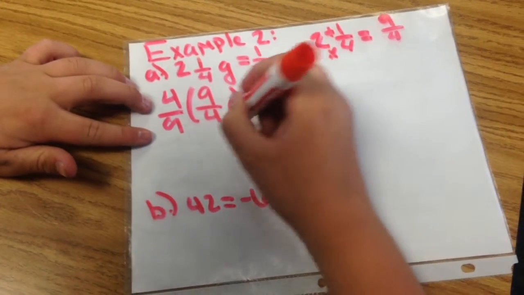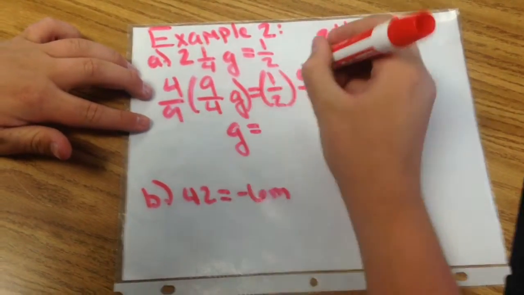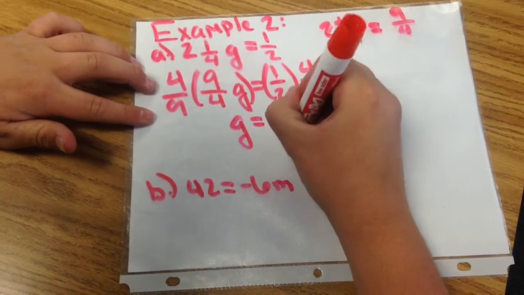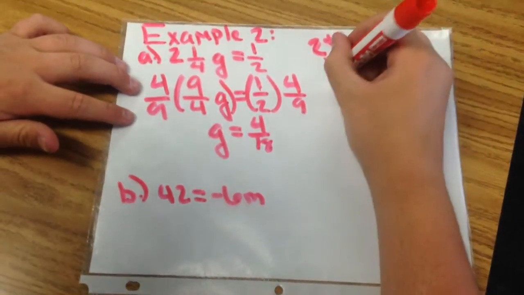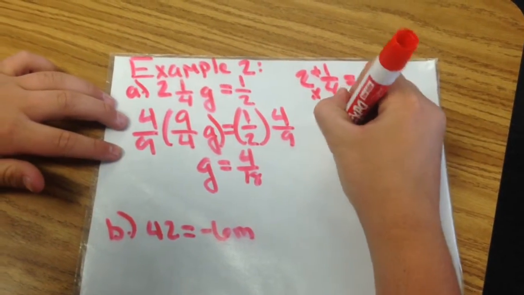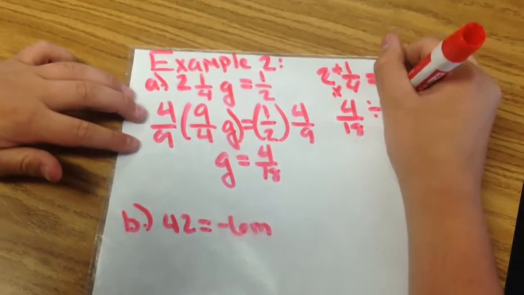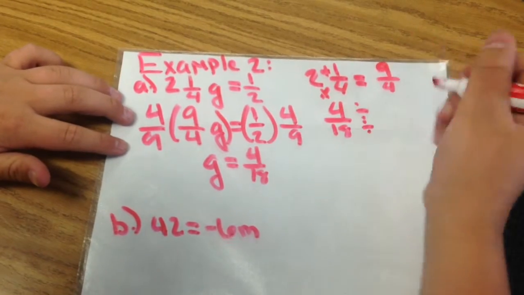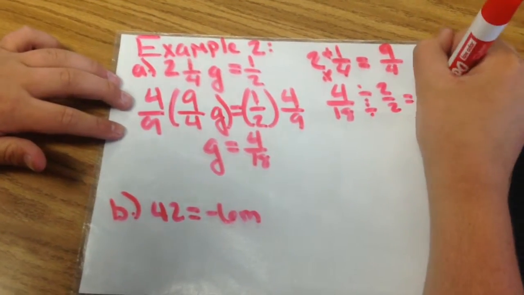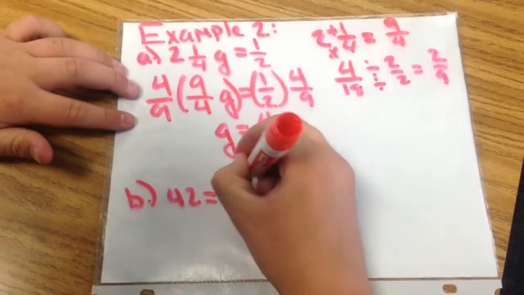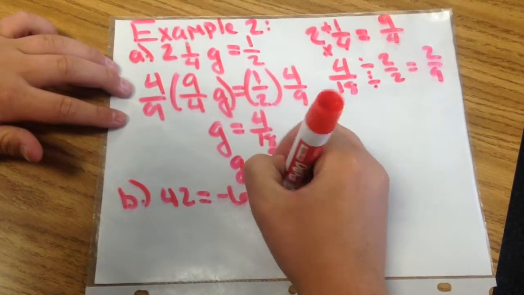So now you have g isolated, so g equals 4 over 18. So now you must simplify the fraction. So 4 over 18, divide each side by 2, which equals 2 over 9. So g equals 2 over 9.